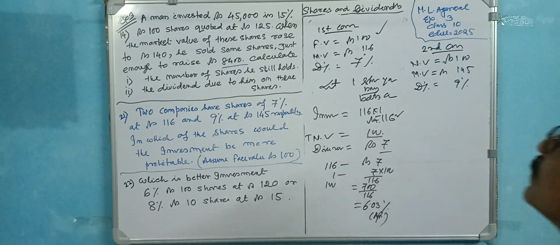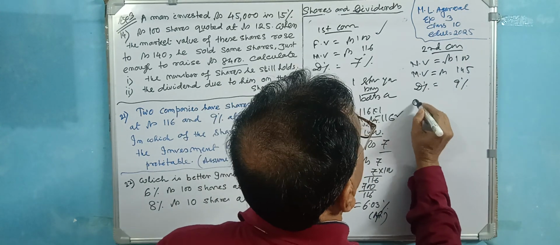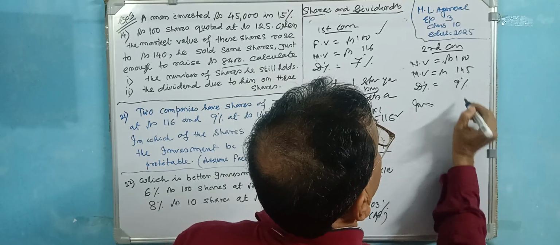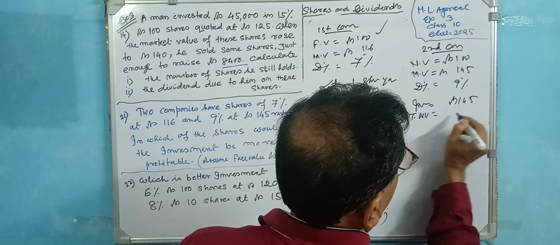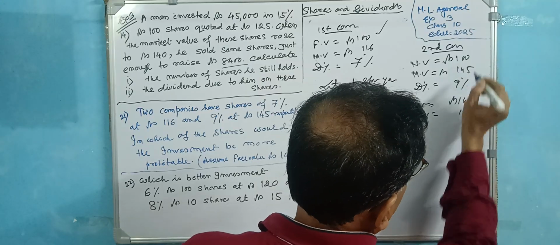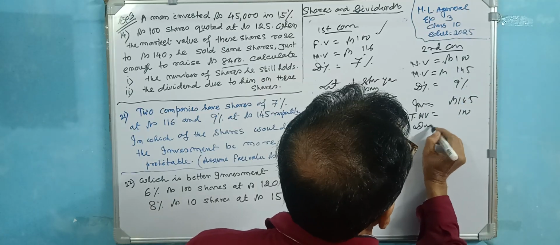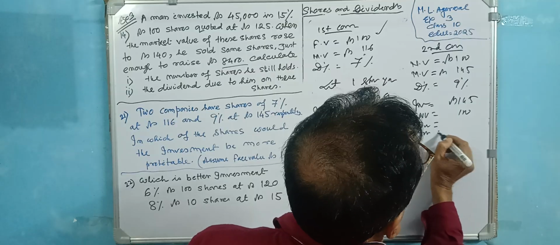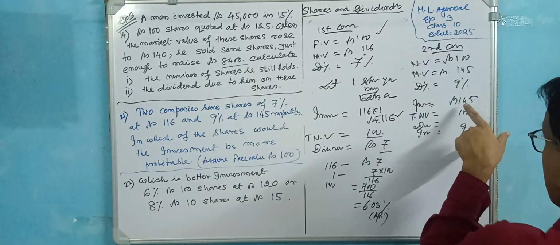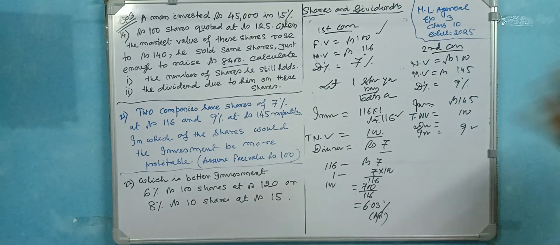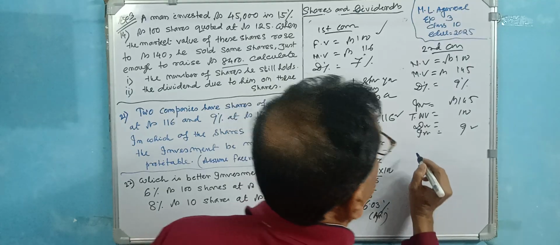Now the other. This investment is 145, but the total nominal value of the share is 100. The percentage is 9%. So the dividend received, or the income, is 9. Okay, you invest 145, your income is 9. What is the yield or the return?